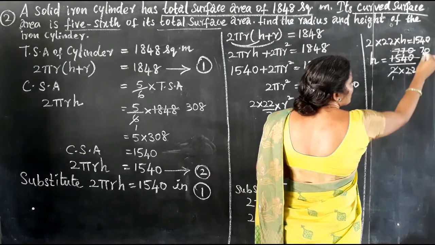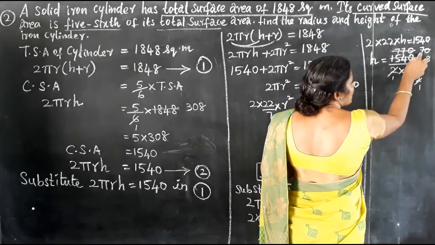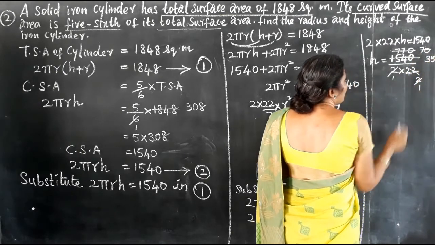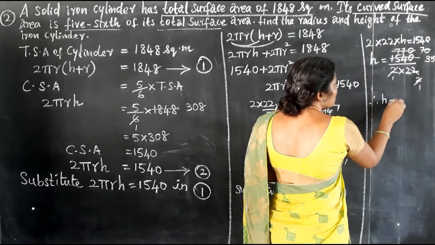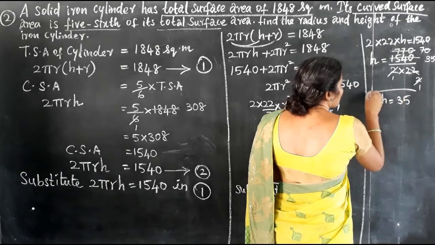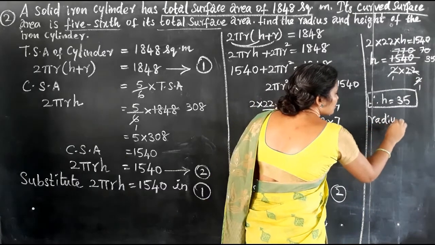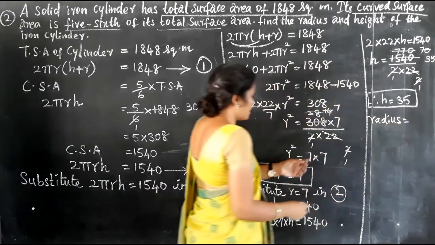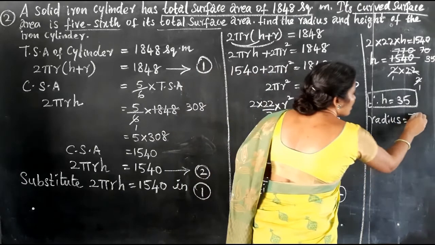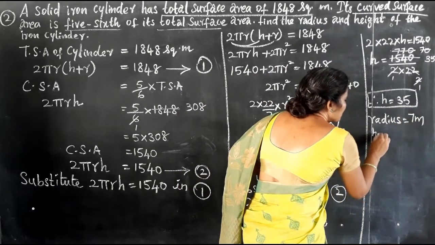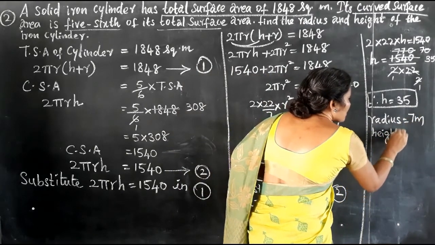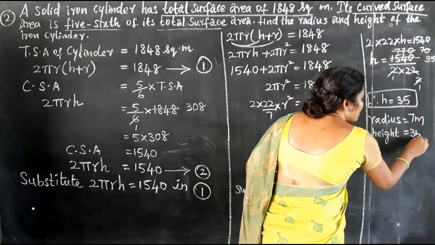So again 2 ones are 2, 3s are 6, remaining 1, 5 twos are 10. So therefore h is equal to 35. So the radius is equal to 7 meter and the height is equal to 35 meter.